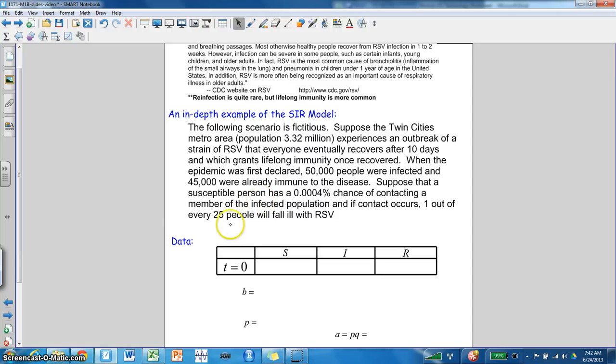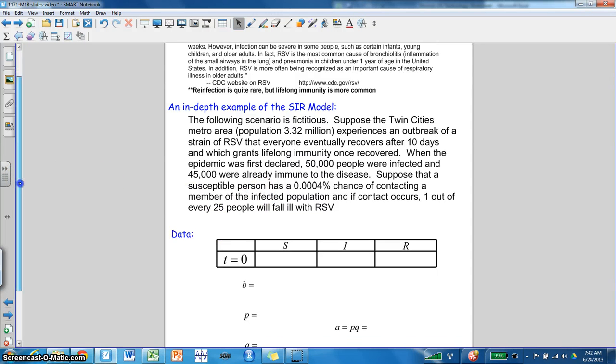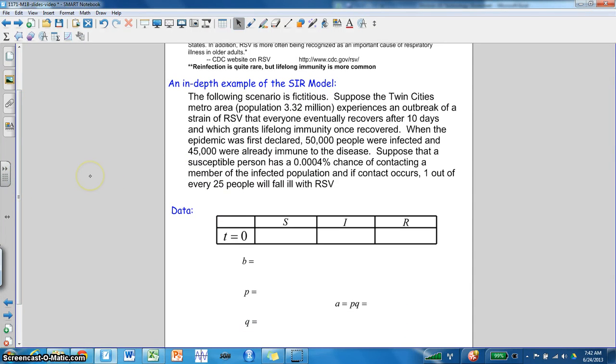So in the prompt we're given a lot of information, and the one way that we like to first start out a problem is to identify all the data that's given to us. We should be able to determine the populations of the different compartments at time 0, at the time of initial study.